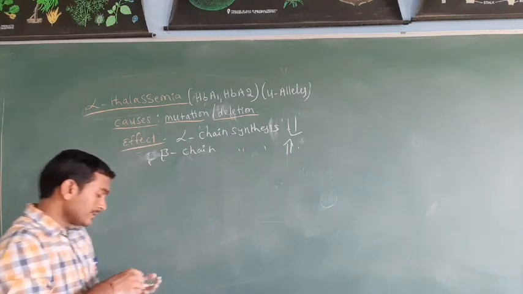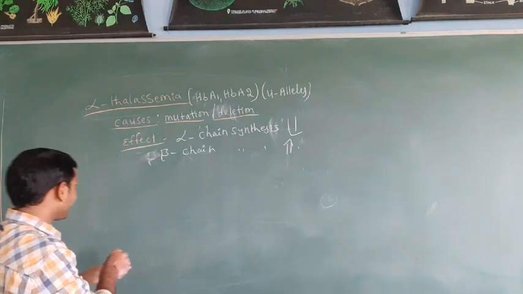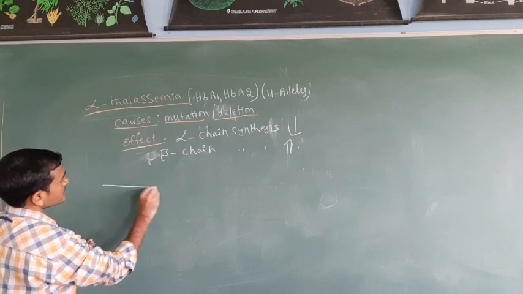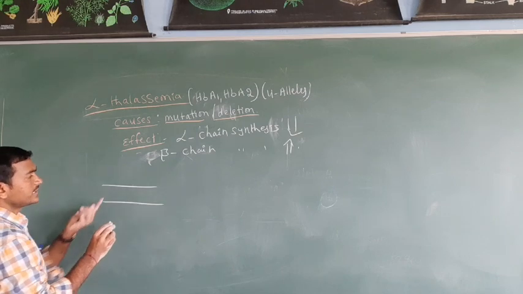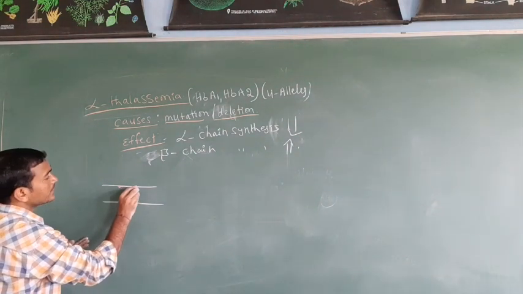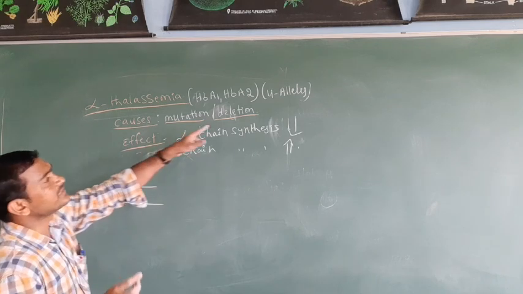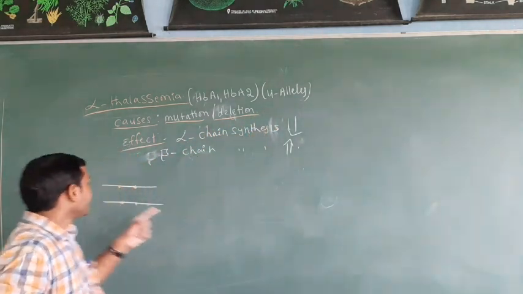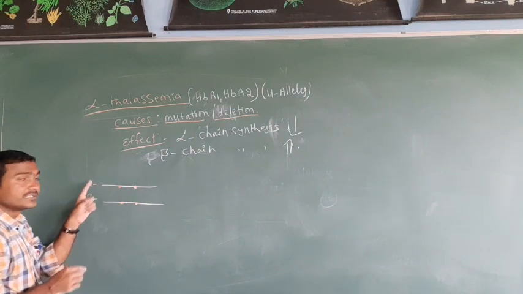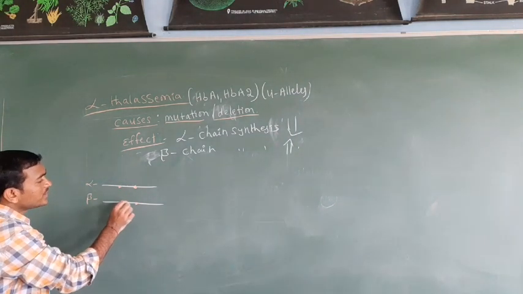Now the types of alpha thalassemia, one by one. We know there are two alpha chains and two beta chains. For example, how many alleles are there? Four alleles. Taking alpha and beta, 1, 2, 3, 4 alleles are there.